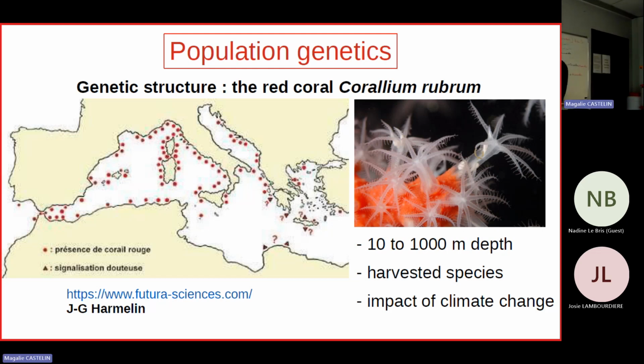And this species is one of the species impacted by the heat waves, so by climate change, and we had mortality events for the shallowest populations in the Mediterranean. Of course not below 50 or 60 meters, we don't have impact, but above, we have impact of climate change.